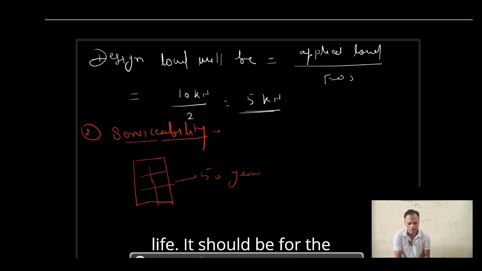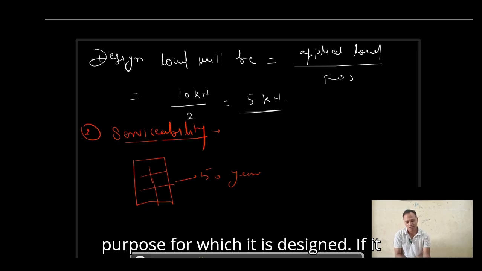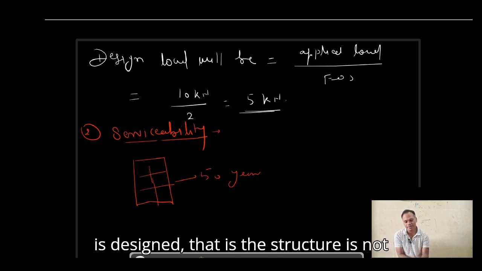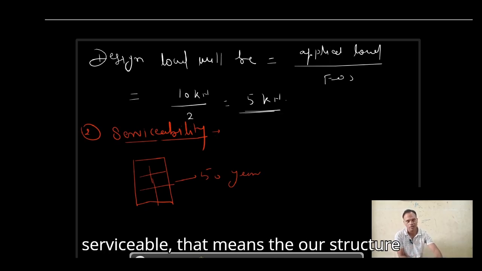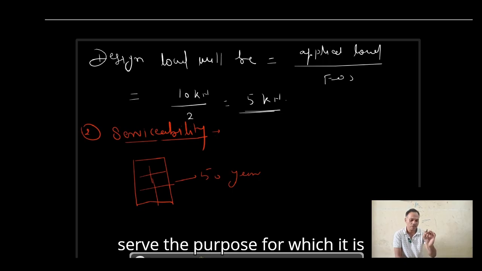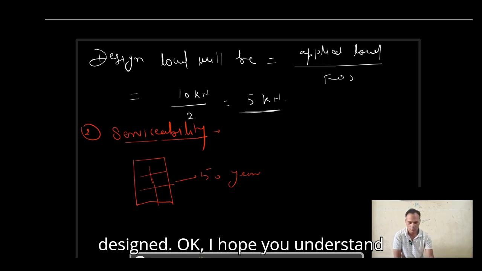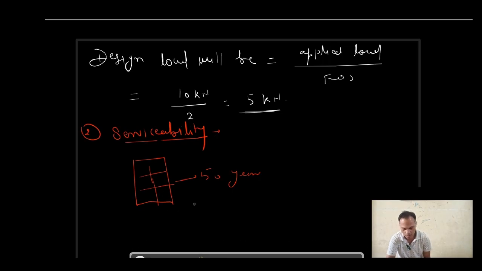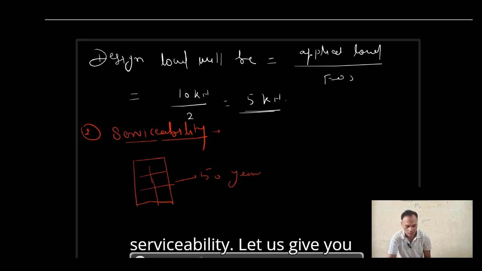It should serve the purpose for which it is designed. If it does not serve the purpose for which it is designed, the structure is not serviceable. That means our structure should be serviceable, that means serve the purpose for which it is designed. Okay, I hope you understand. So serviceability. Let us give another example.